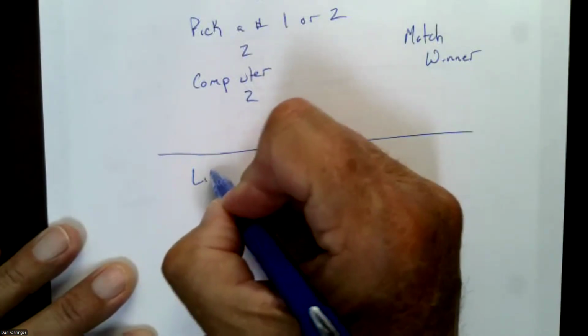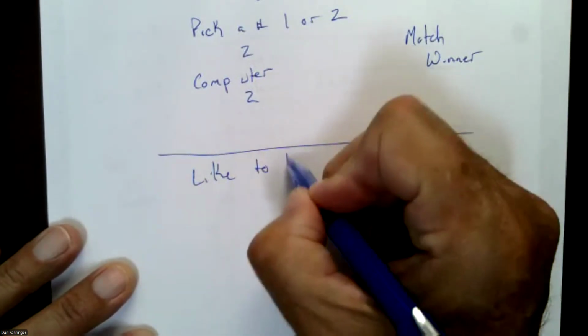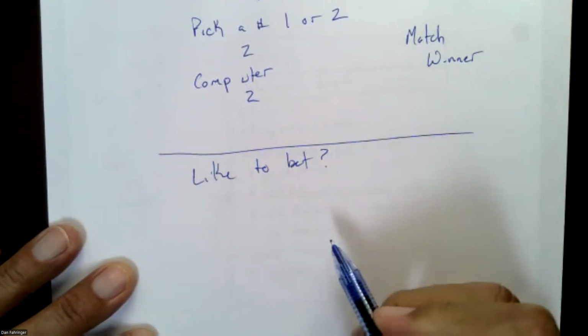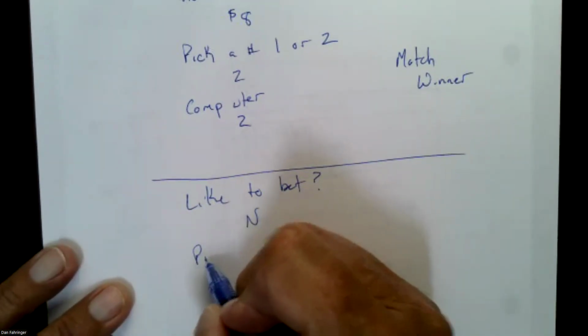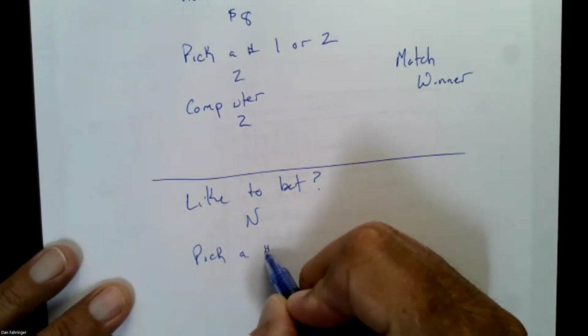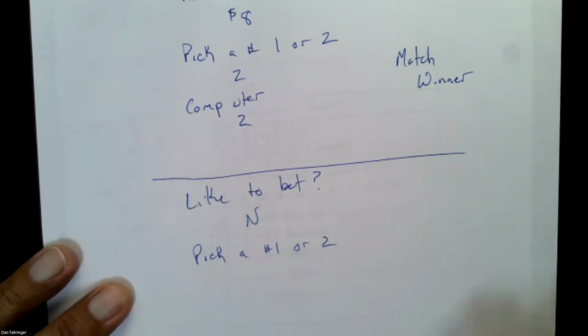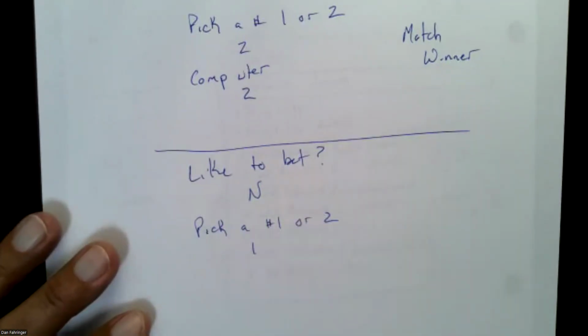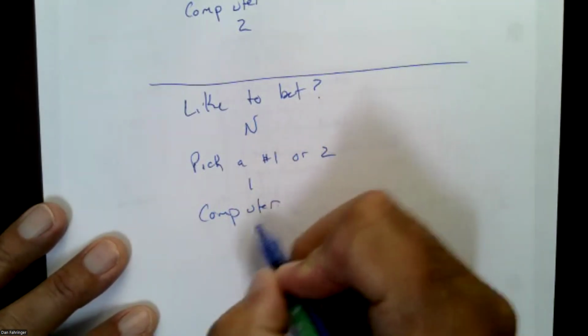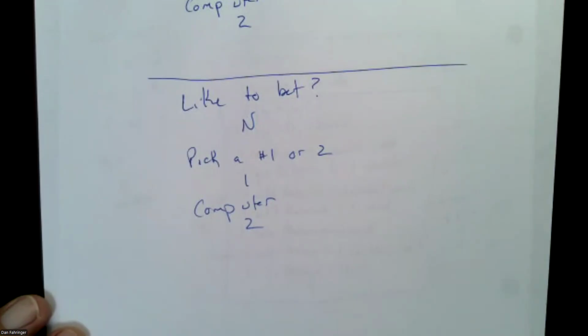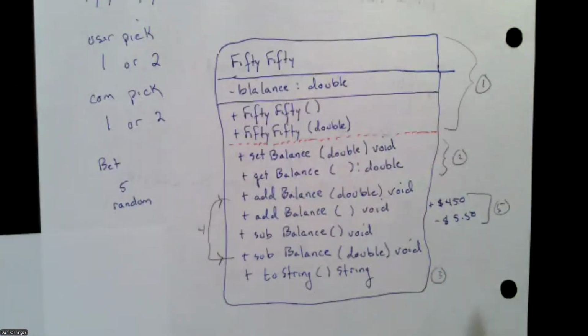Next time, would you like to bet? No. Okay. Pick a number, 1 or 2. This time I pick 1. Computer picks 2. I lose. How much do I lose? $5.50.